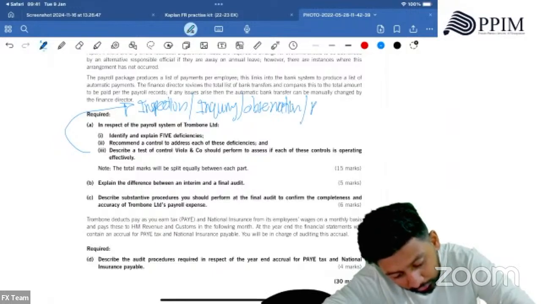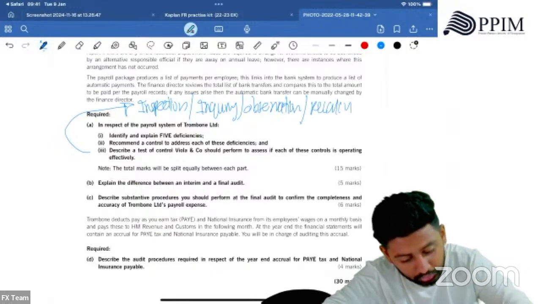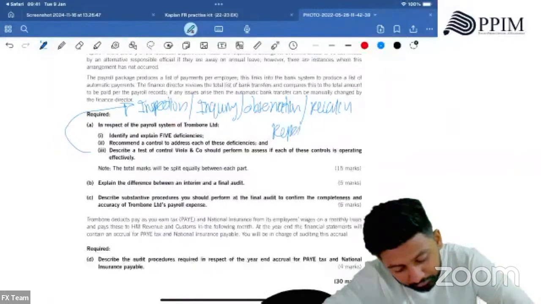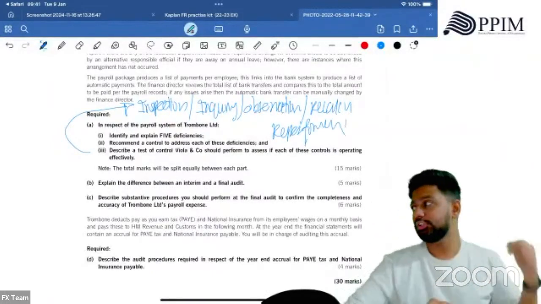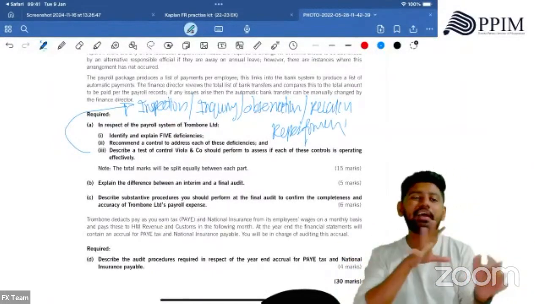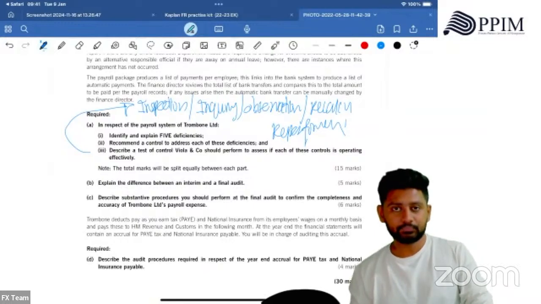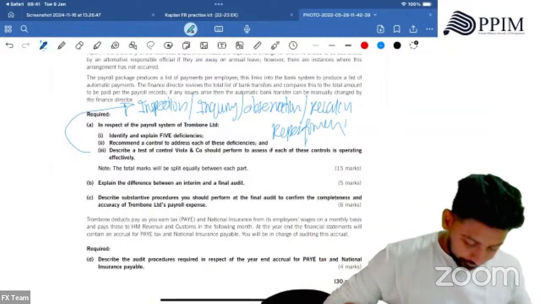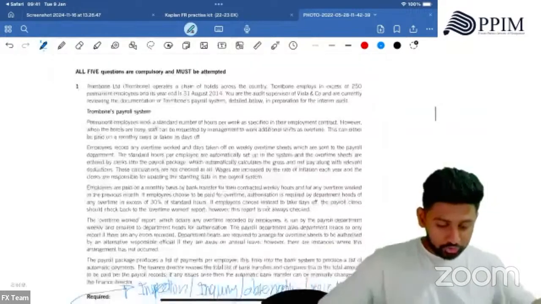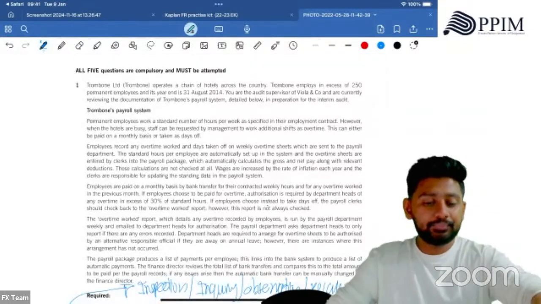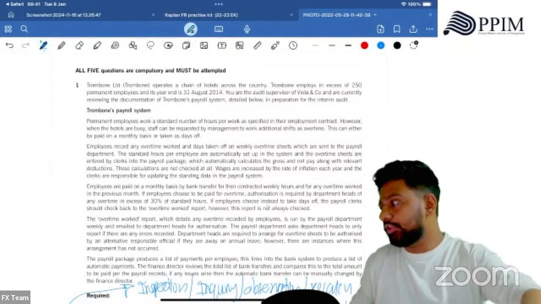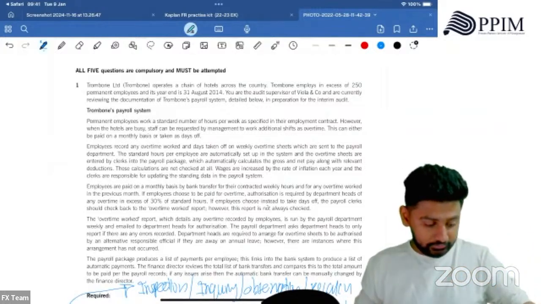You can do a recalculation. You can do a reperformance. These are the procedures. You can play around with these procedures. So in the exam, what's basically going to happen? It's going to look like this.